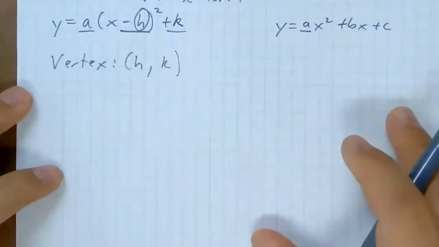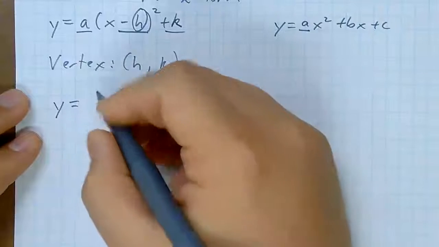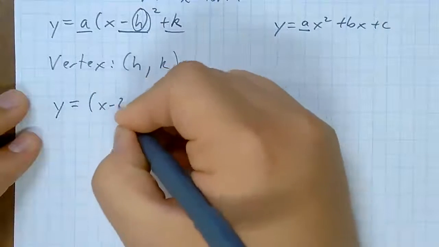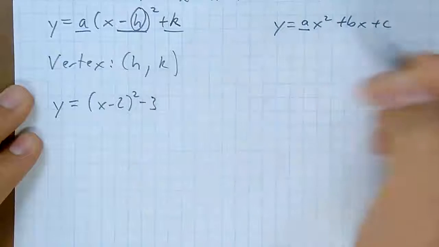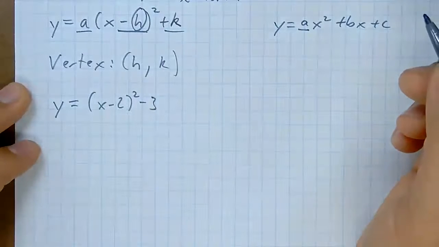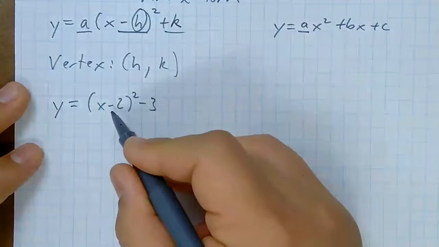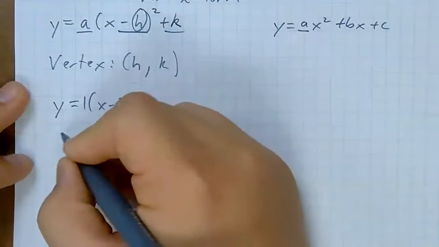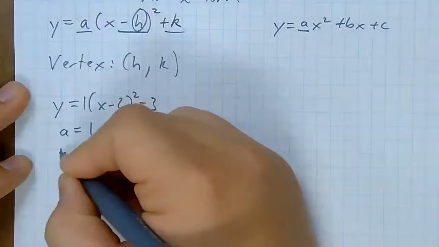Let's take a look at an example: y equals (x minus 2) squared minus 3. In this case, our a is just 1.